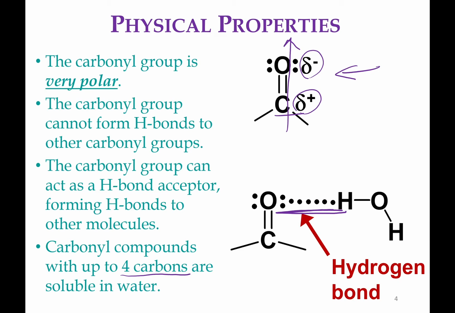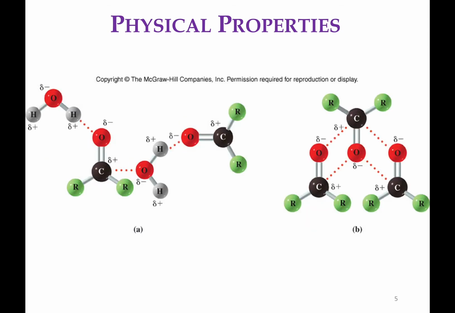So this is our hydrogen bond. Remember that this is an attraction. This is why we draw a dotted line rather than a solid line. This is just a picture showing our carbonyl group. So this is our carbonyl group here, forming those hydrogen bond attractions to water, where it's accepting those hydrogen bonds from water. But oxygen can also have an attraction from the water to the partially positive carbonyl.